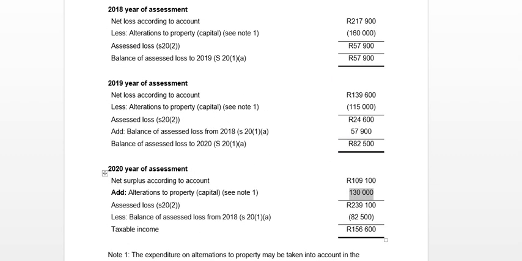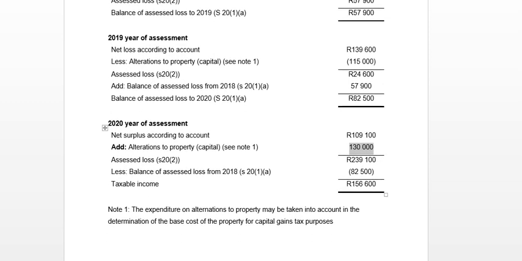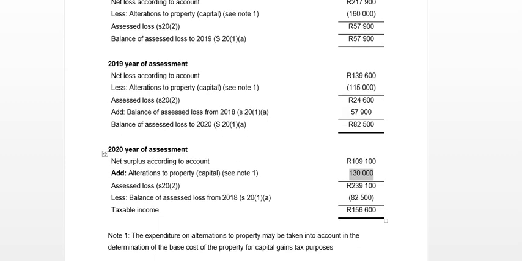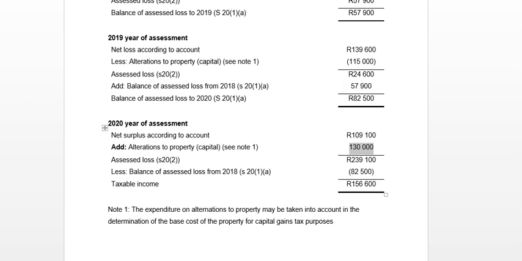So yeah, just your maths. It's just how you wanted to do it. Okay. So your taxable income during 2020 is then 239,100. Less your balance of assessed loss from the previous year of 82,500 gives you a taxable income of 156,600. So this guy needs to pay tax on that amount.